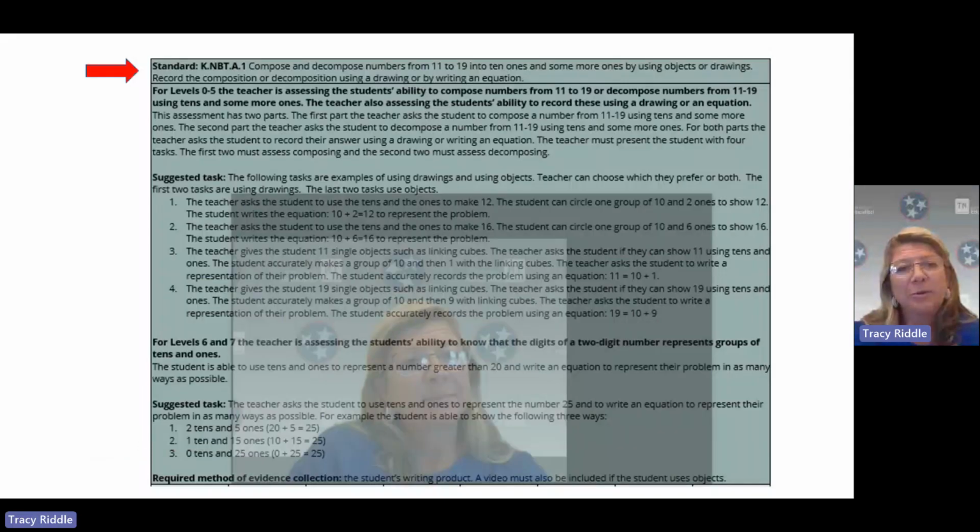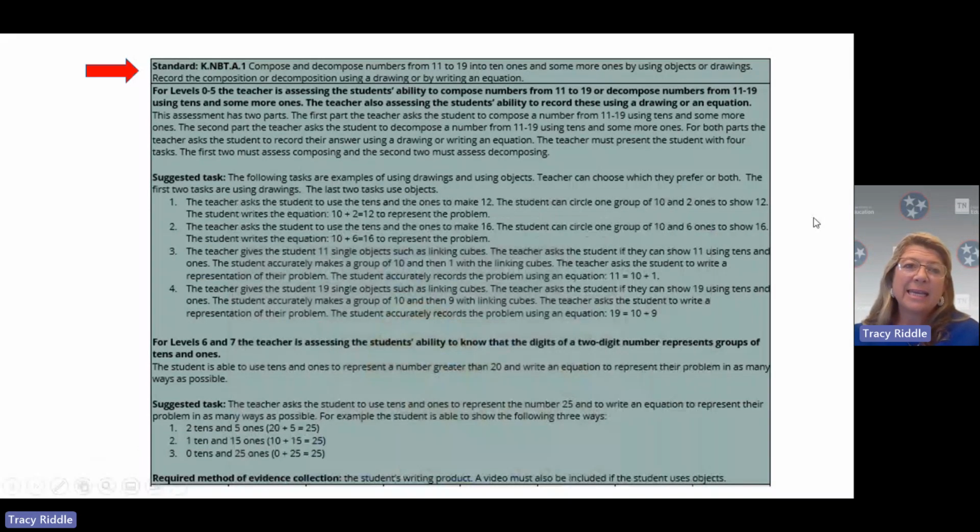This is the portfolio rubric guidance for NBT.A.1. Compose and decompose numbers from 11 to 19 into tens and ones using drawings or objects. It is also recording the composition or decomposition using a drawing or writing an equation.